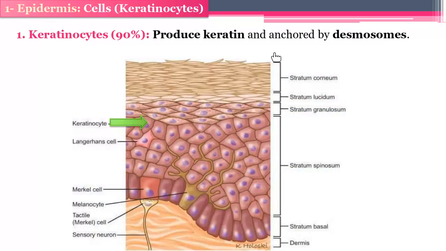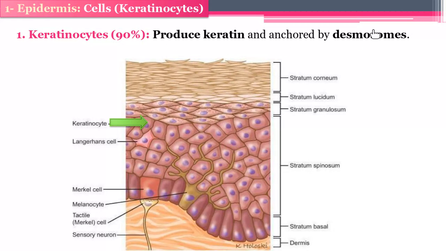First is the keratinocytes. Keratinocytes form almost 90% of the population of the epidermis. That means 90% of the cells of the epidermis are keratinocytes. These are the normal cells which are present. The basic function of these keratinocytes is to produce keratin, and they are anchored by desmosomes.